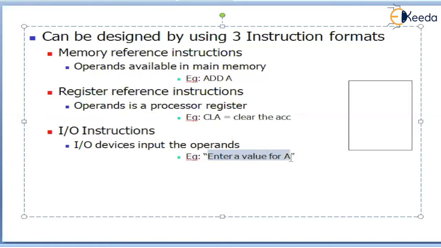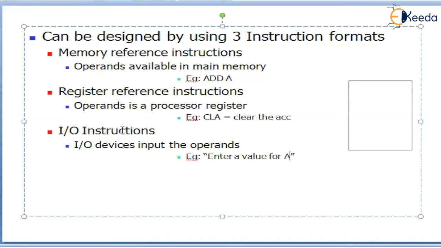You are dynamically getting the value from a keyboard. Now at that time, unless you enter the value for A, you cannot get the value for A. These instructions, which get the values from the IO devices directly, are called IO instructions.